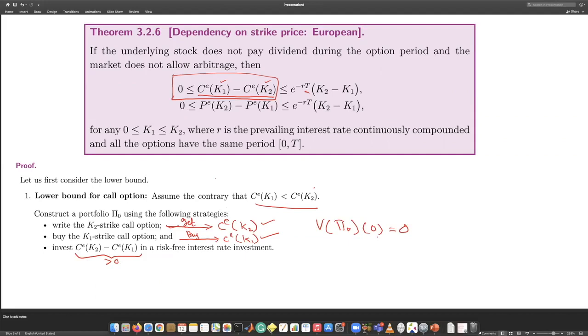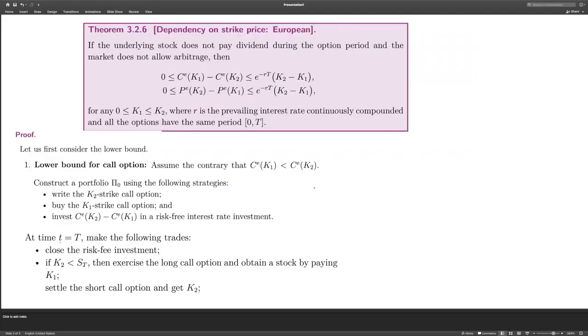You can show that the value of the portfolio at time t equal to 0 is 0. And now let us see how the portfolio will be exited at capital T and what is the payoff after exiting. At t equal to capital T, we have to close the risk-free investment, and then you have the following situations.